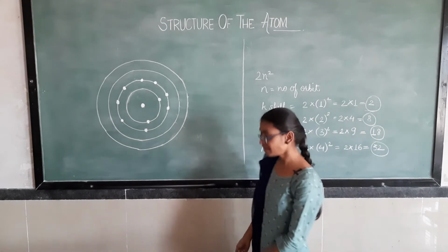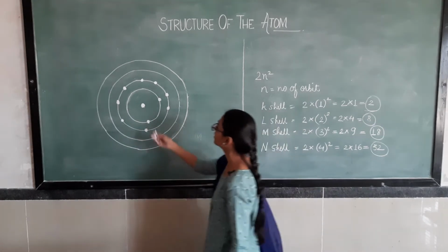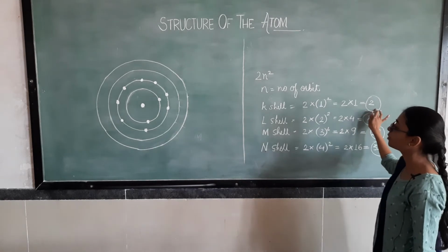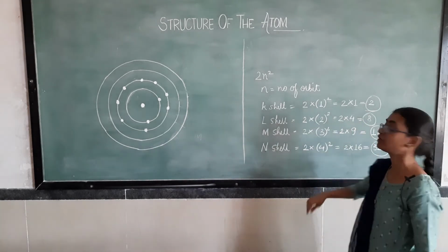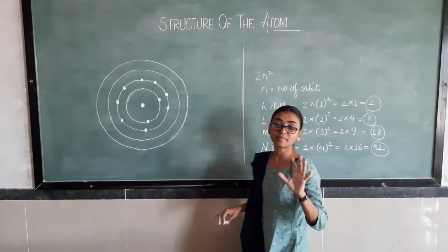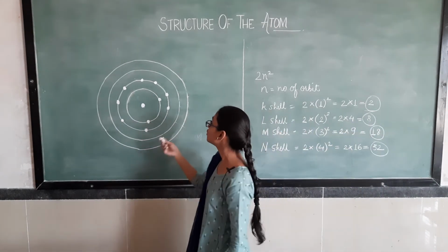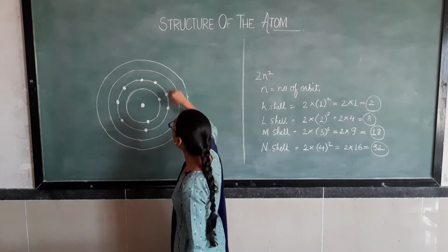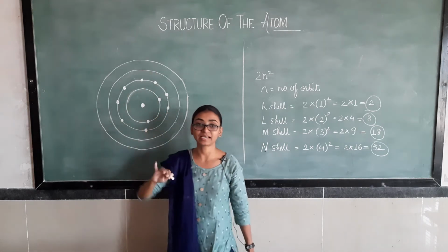Now again here you can see this. We know that the K shell can occupy a maximum of 2 electrons, and the L shell can occupy a maximum of 8 electrons. So in the case of neon, all 8 electrons are present.